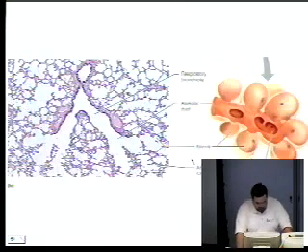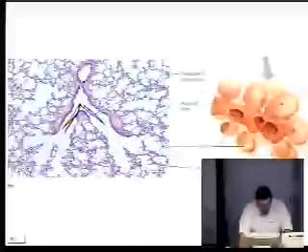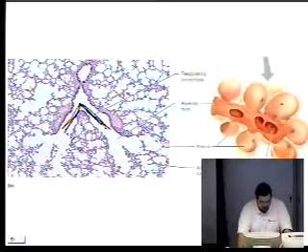Okay, this is actually a pretty good histological picture. I'm going to draw on it. So right here you can see one of those branches of the bronchial structure, and then I'm going to outline these.